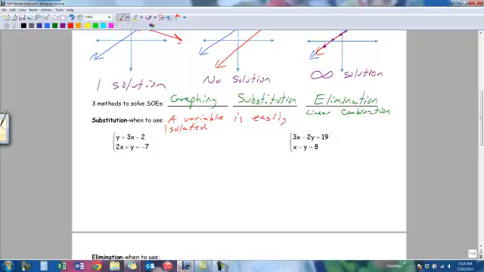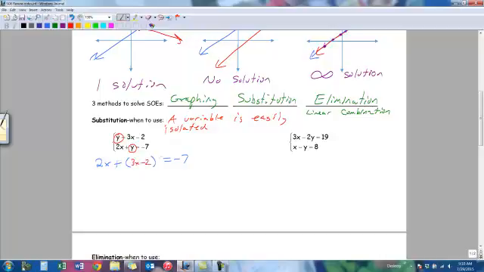For example, in this first example, y is easy to isolate because it already is. y is equal to 3x minus 2. So then what we're going to do is go to the other equation and substitute into the same place. So what we have here is everything staying the same, 2x plus, but instead of y, we're going to substitute. And what's going in for y? Well, the 3x minus 2.